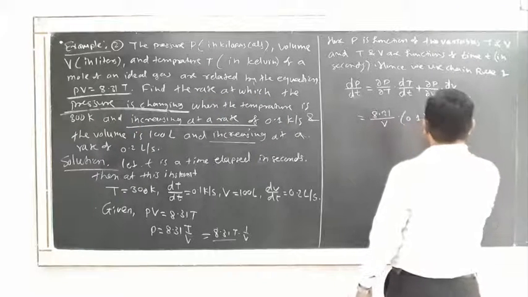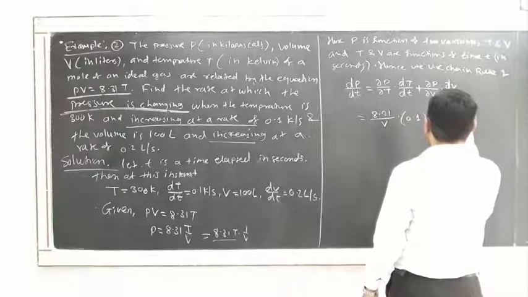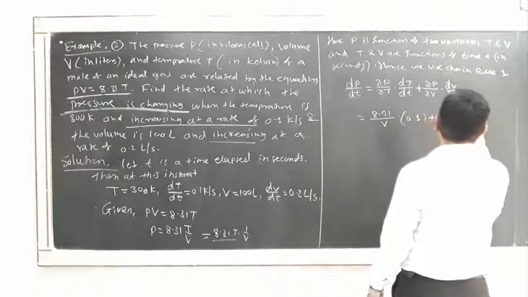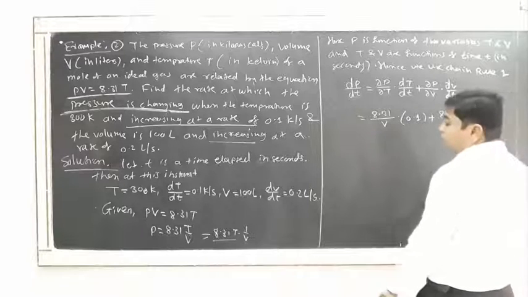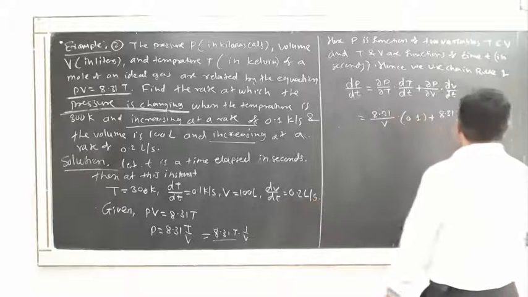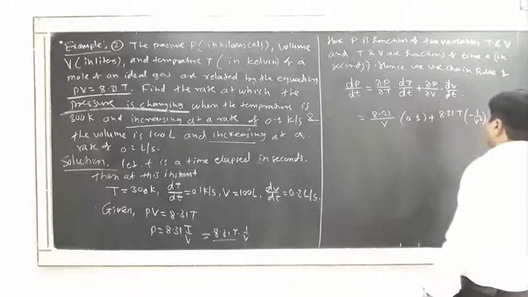Therefore write 8.31 T into minus 1 upon V square into dV by dt, which is 0.2.